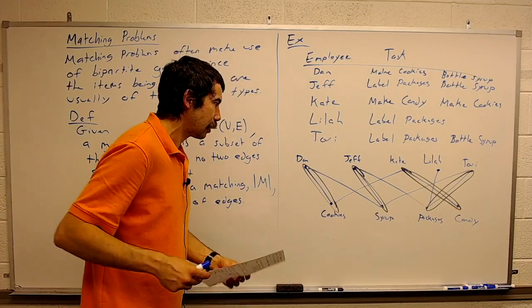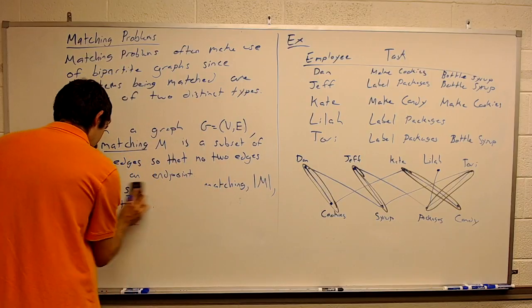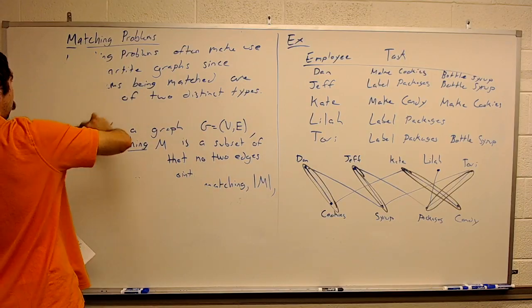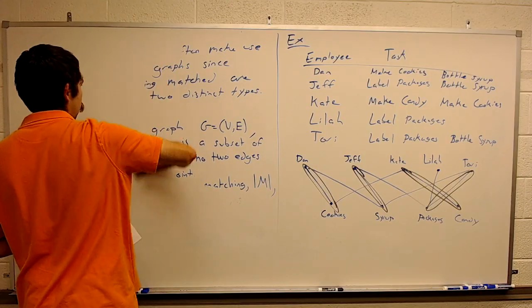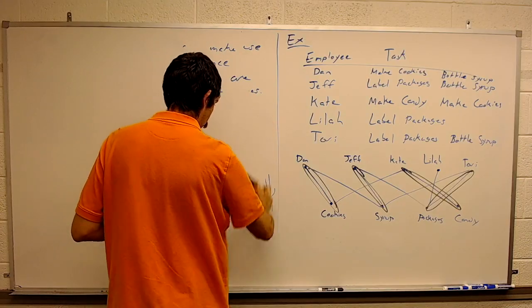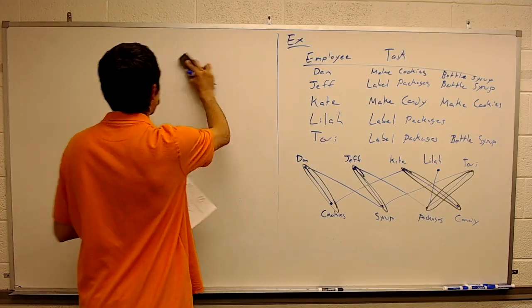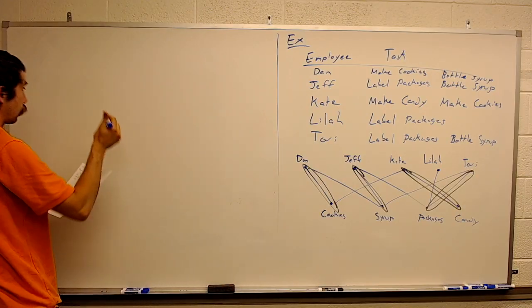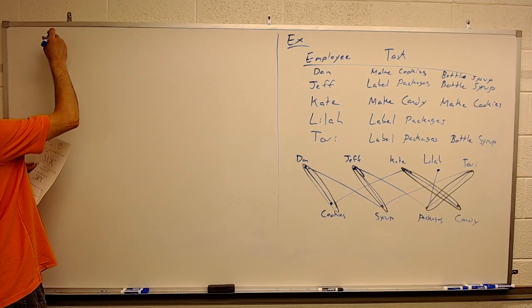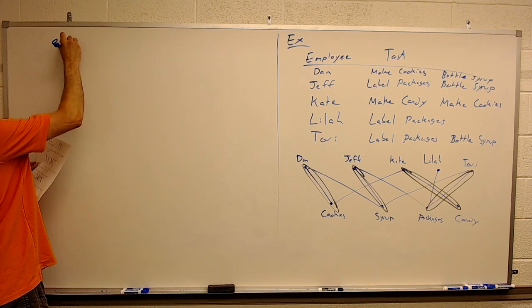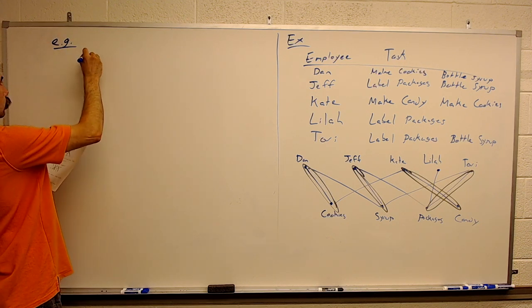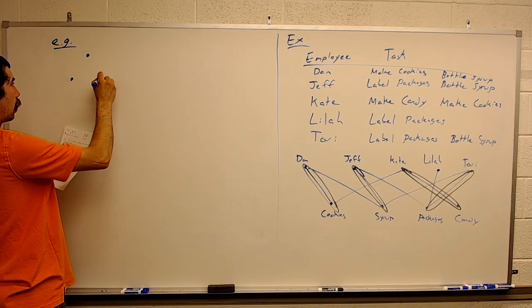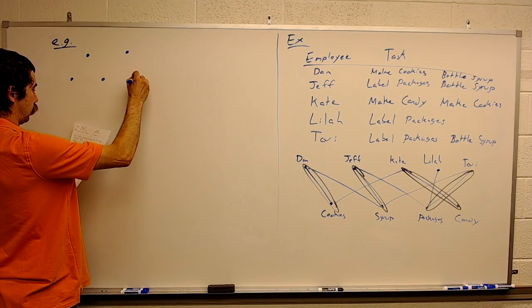Okay, so let's look at another example, just a very small example. So suppose we had the following. Here is our bipartite graph.